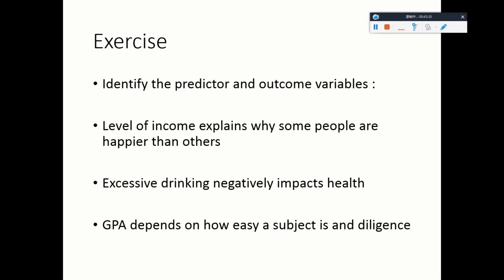Okay? So I'll give you a few seconds to think about it, or if you would like, you can hit pause on this clip and start to think about it. In each sentence, there are two variables, and invariably there will be one predictor variable and one outcome variable, and your job is to identify which is which.